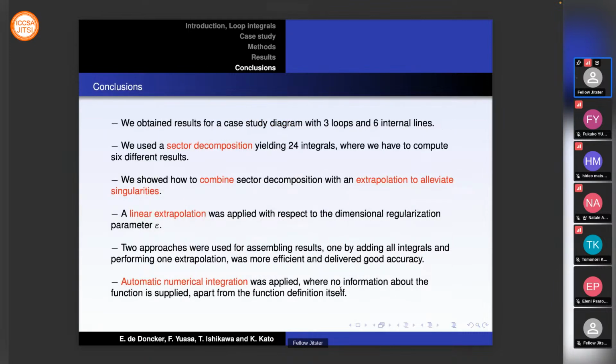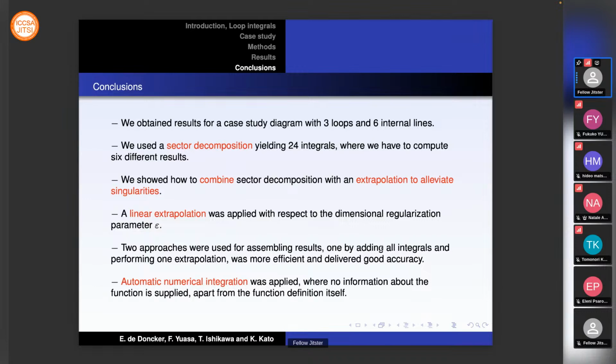In conclusion, we obtained results for a case study diagram with 3 loops and 6 internal lines. We used the sector decomposition yielding 24 integrals, where we have to compute 6 different integrals. We showed how to combine the sector decomposition with an extrapolation to alleviate singularities. We applied a linear extrapolation with respect to the dimensional regularization parameter epsilon, and used 2 approaches for the extrapolation by assembling the results in a different way.